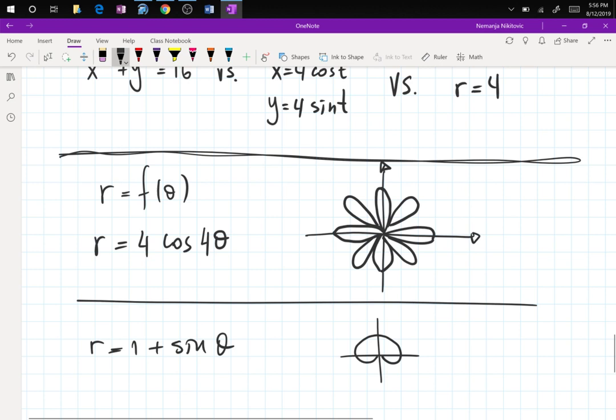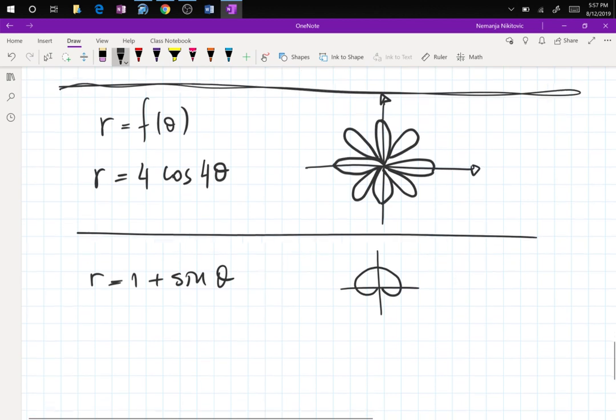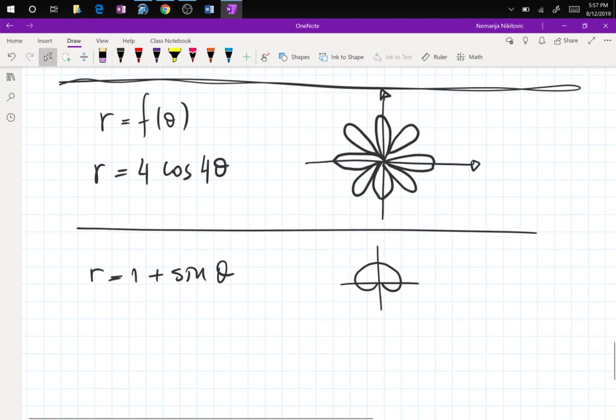It's not a perfect shape of the heart, but hey, it's good. So 1 plus sine theta gives us a cardioid. And we saw the flower, we saw the circle, and so on.